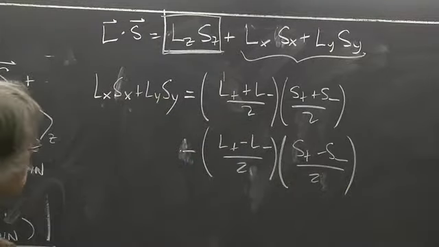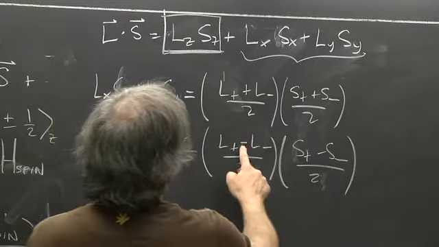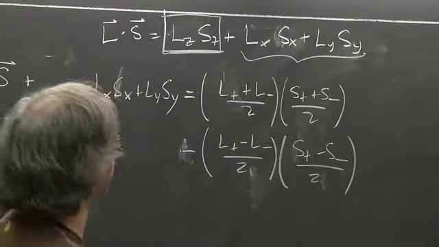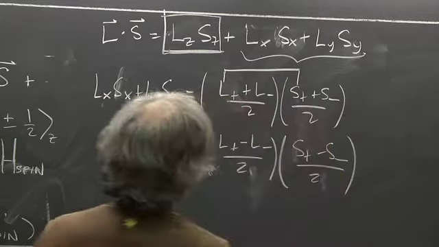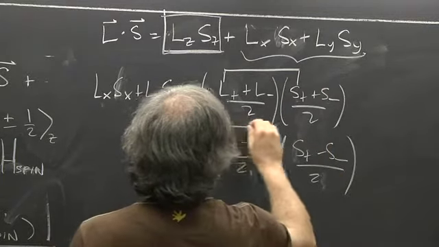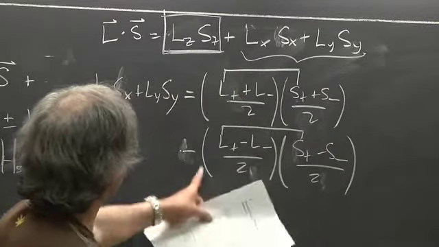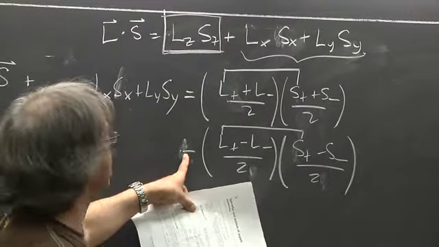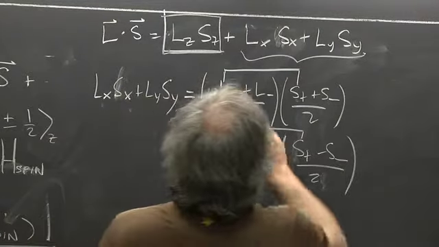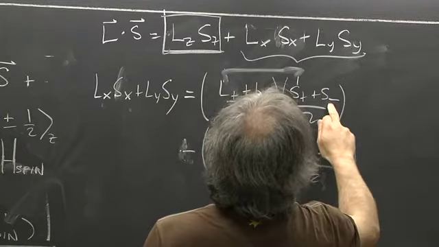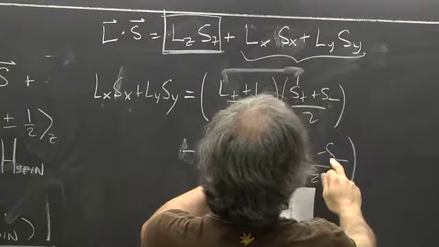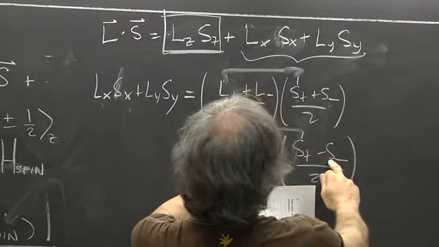Now they look almost the same, except for the appearance of minus signs here and there. For instance, let us look at this: L plus S plus. You see there is a companion here, but there is a minus, so it cancels. A similar thing happens for the other: L minus S minus also gets cancelled by this S minus L minus.